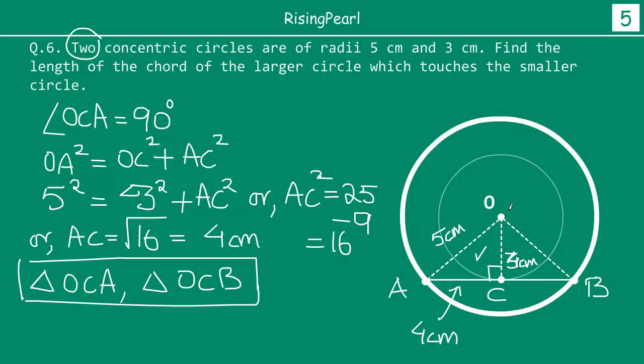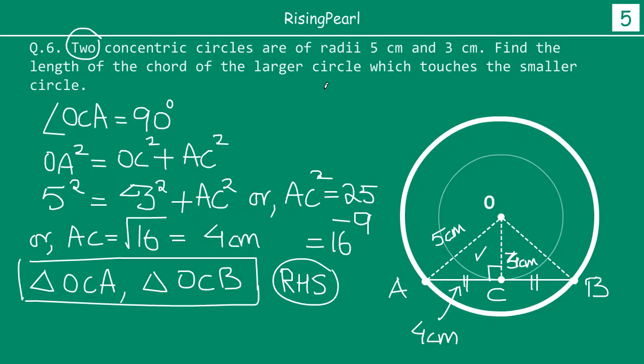OA is equal to OB, both are radii of the outside circle. OC is a common side, and this angle and this angle are 90 degrees. So by the RHS congruence rule, we say that these 2 triangles are congruent. That means that AC should be equal to BC.